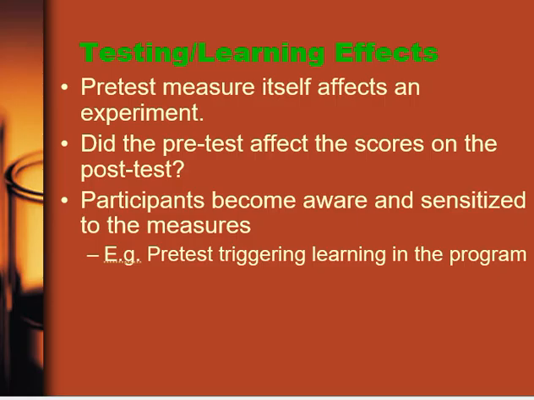We also have to look at testing and learning effects. So sometimes your pre-test, so before you've actually done the experimental condition, your baseline data, it can affect the outcome variable itself. The pre-test scores could influence the post-test scores. And this is because participants can become aware or sensitized to the measures, and this triggers then a learning effect.